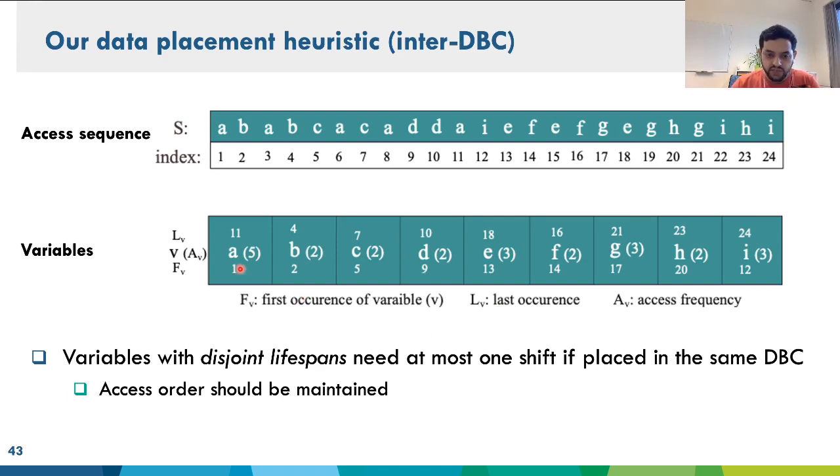For instance, A is disjoint to all variables which are first accessed after 11, for instance E, F, G, and so on. So A is disjoint to E. If you place A and E in the same DBC, of course by maintaining the access order, if you go from A to E, you will never come back to A, because the last instance of A was already before the first instance of E.